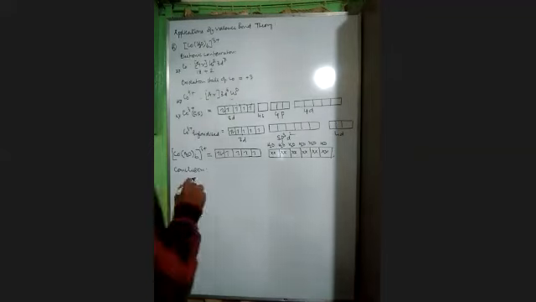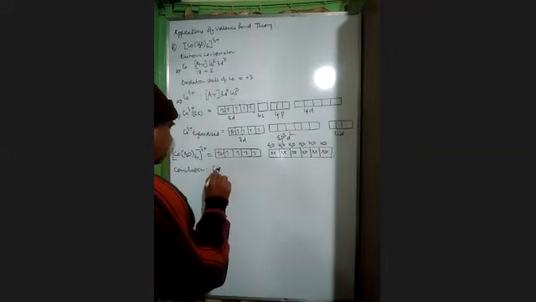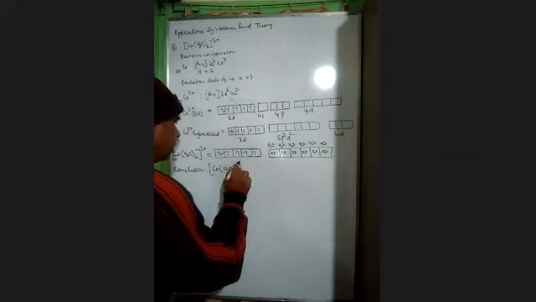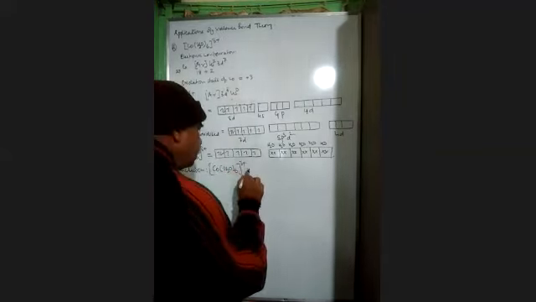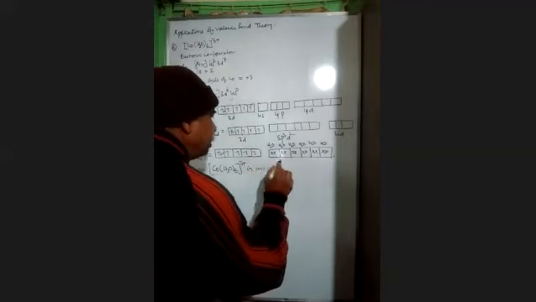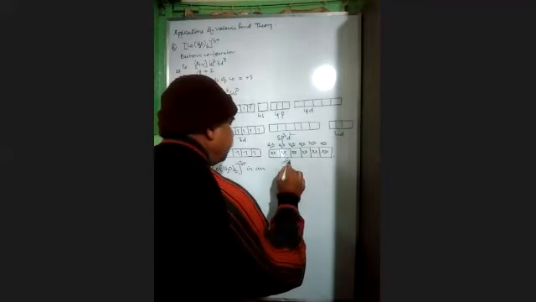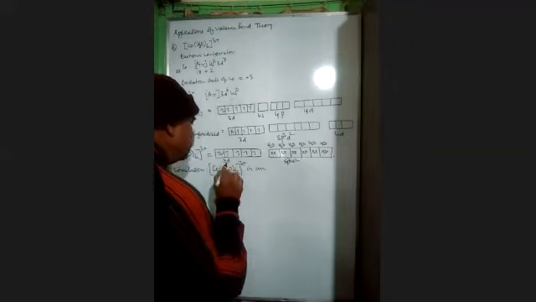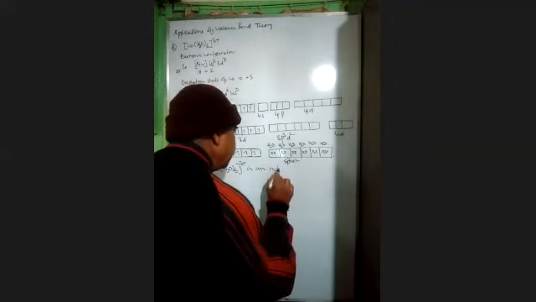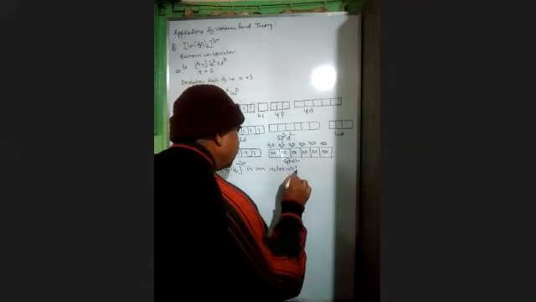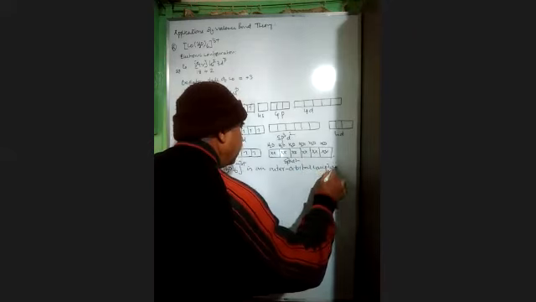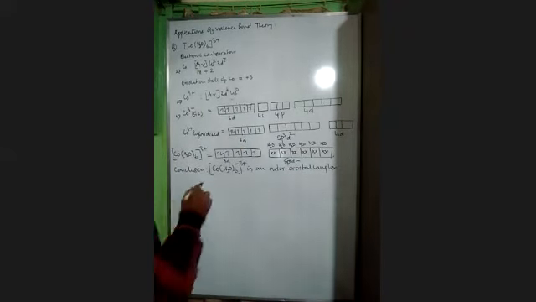Conclusion is: hexa-aqua, sorry, sp3d2, this is 3, is an outer orbital complex.